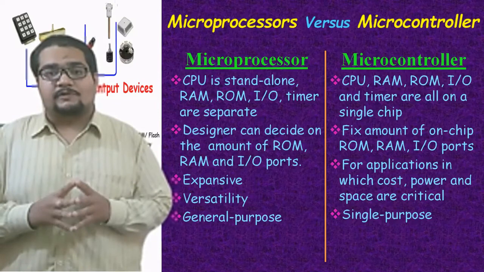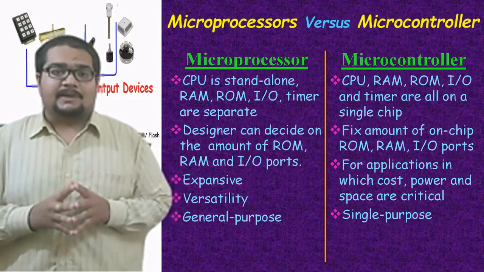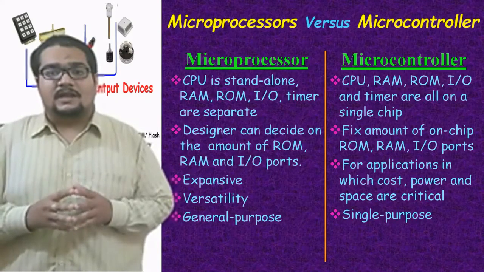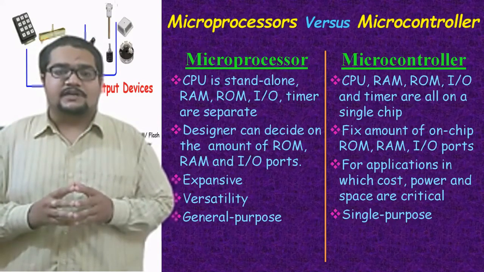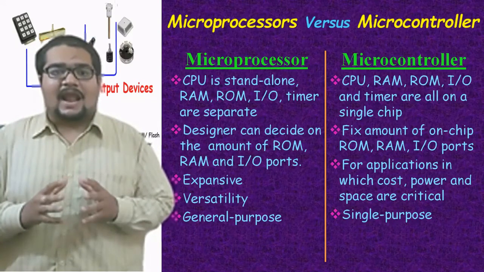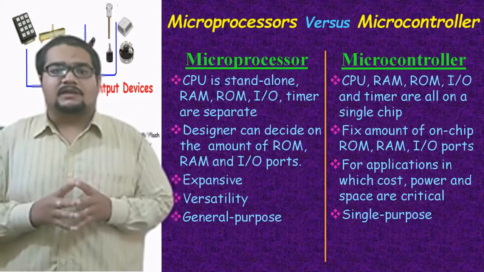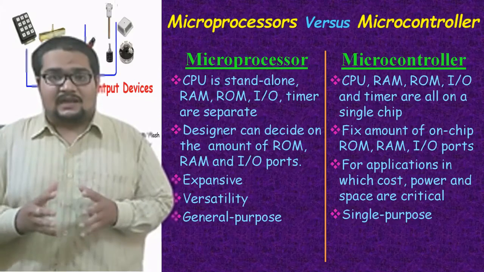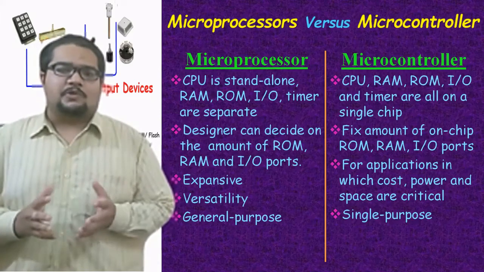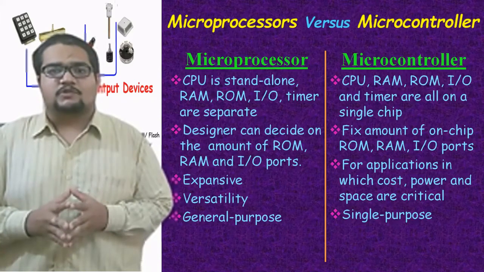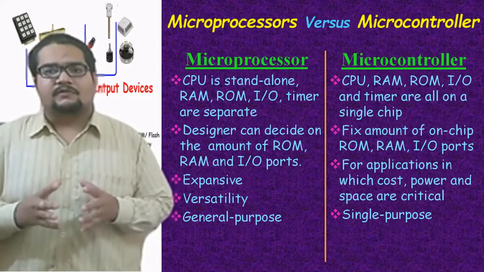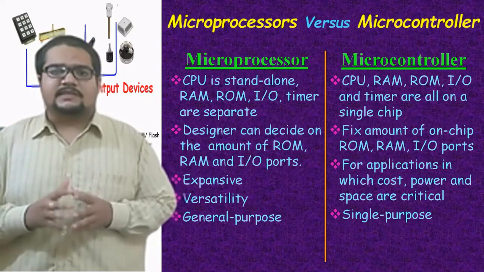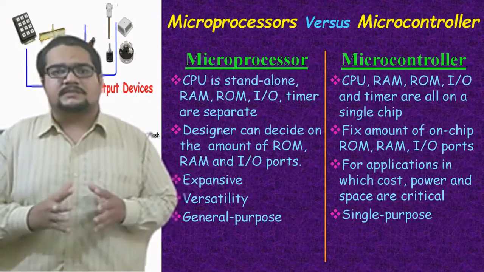Their cost will also be comparatively very low when compared to microprocessors, because microcontrollers are meant to work efficiently in a particular application design, and according to that their bulk manufacturing will be done. So obviously the cost will be reduced. And again, the last point: microprocessors are general purpose, which I was talking about continuously, whereas microcontrollers are single purpose, or sometimes you can say a set of purposes assigned to it.